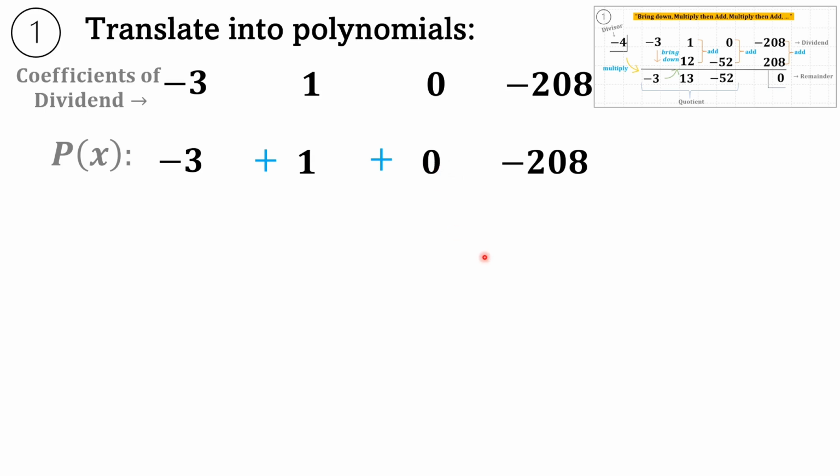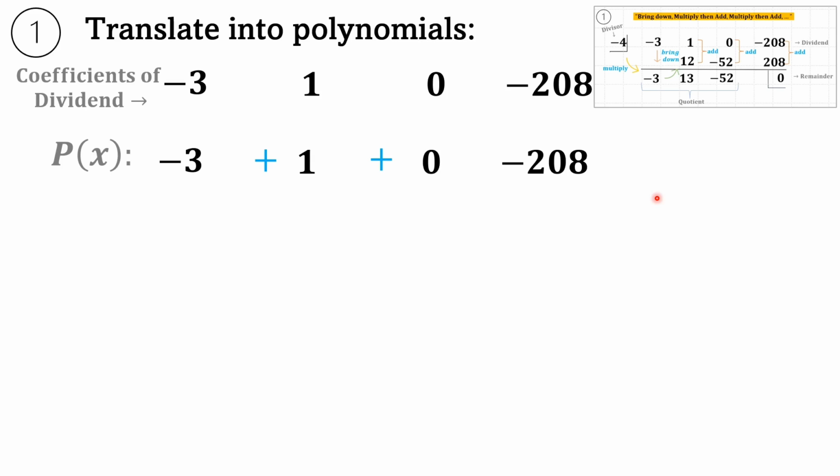Normally, we can determine the degree of a polynomial if it is written as a polynomial, of course. However, in the synthetic division, only the coefficients are shown.